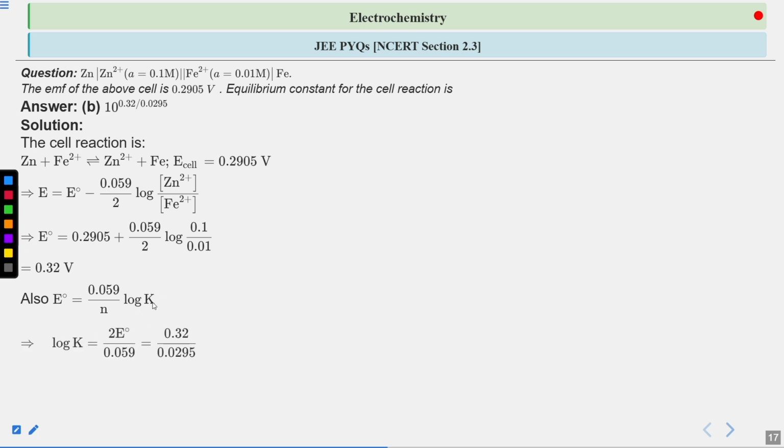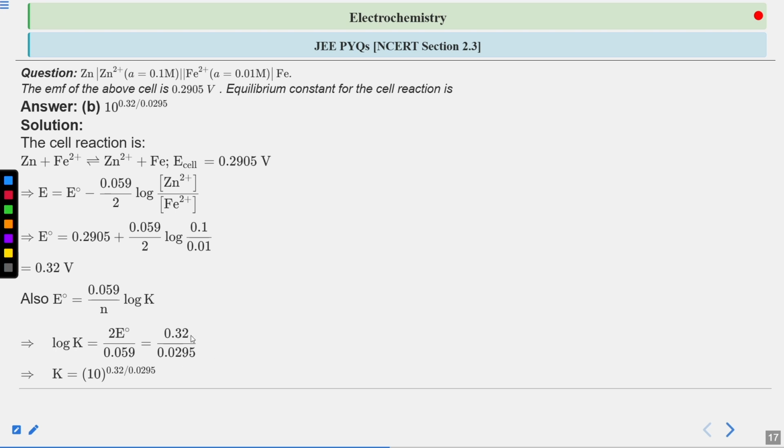So log K will be 2 times E naught, with 0.059 going in the denominator. When you solve this, it will be 0.32 upon 0.0295. Now log K is equal to this much. So K will be 10 to the power of this whole quantity.